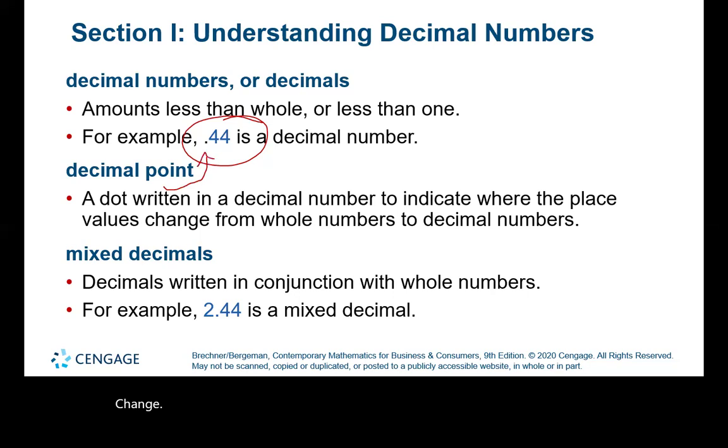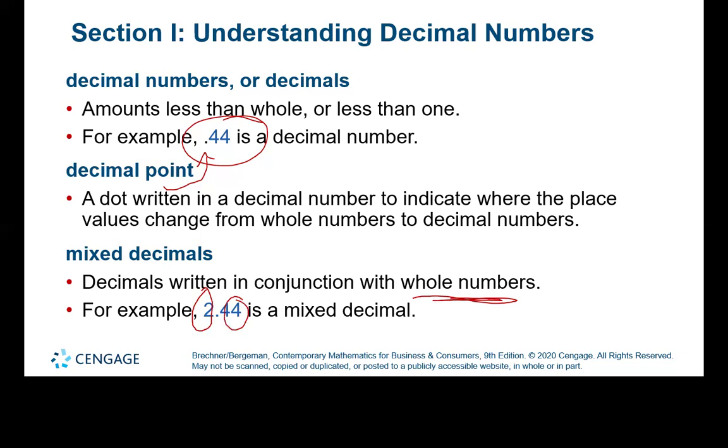everything after the decimal or to the right of the decimal is the decimal part of the number, and everything to the left of the decimal are your whole numbers. And mixed decimals are decimals, like I said, that are written with whole numbers and with a decimal. So here we have 2, that's your whole number, and the 0.44 is the decimal.